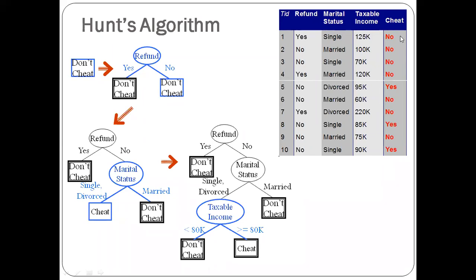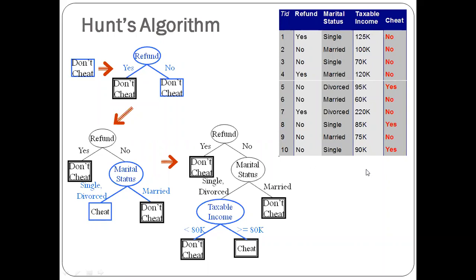Again, this training data set is about whether people have paid the loan amount or not, that is, whether they have cheated the bank or not. If they have paid the loan amount on time, it means that they have not cheated, so for them we will assign the class label as no. For the people who have not paid the loan on time, the cheat class label is assigned as yes.